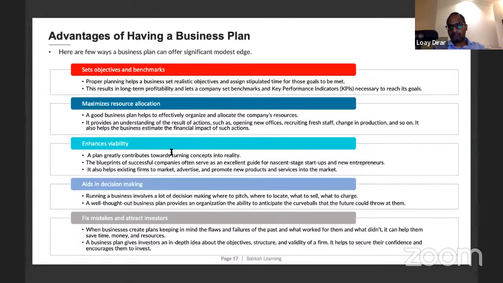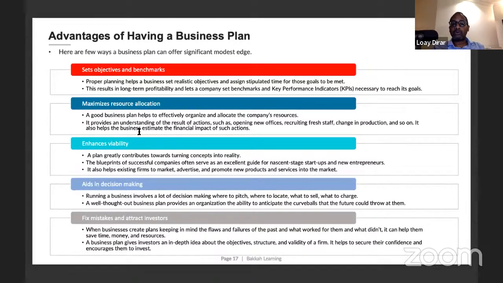One of the important resources, as I told you, is having the right competencies in place, having the right setup in the form of offices, recruiting staff, changing production, upgrading your production lines, coming up with any kind of facilities that will help you to develop a new service or a new product.